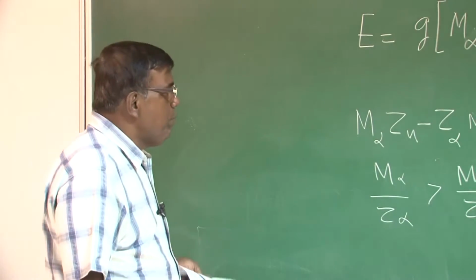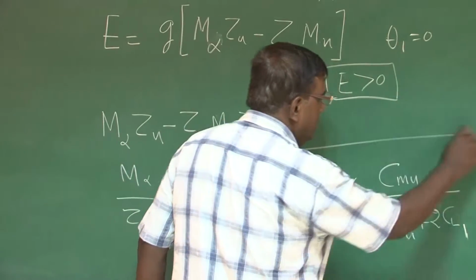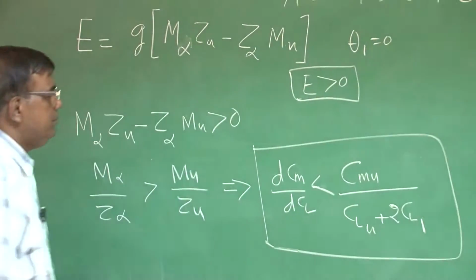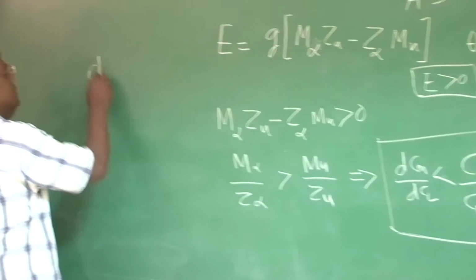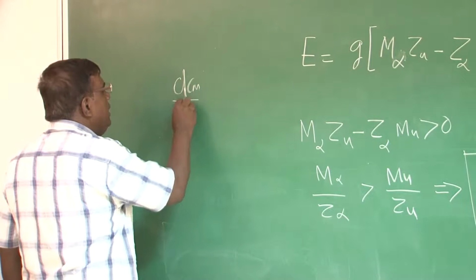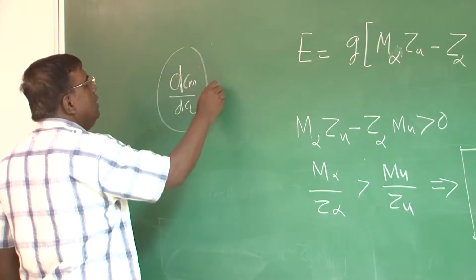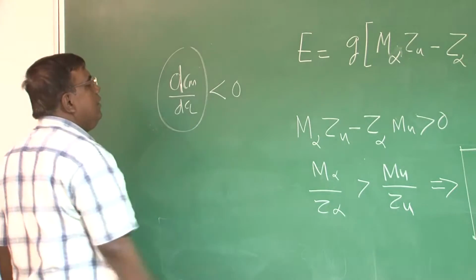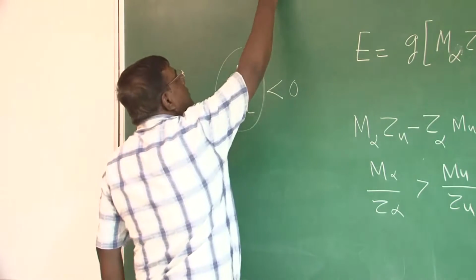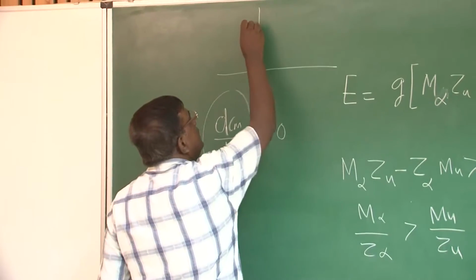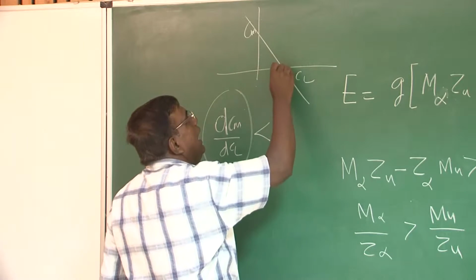Now, let us see, once this is done, what is the meaning of this? What is dCm by dCl? Remember, the moment somebody utters dCm by dCl, we say dCm by dCl less than 0 is the condition for static stability, right? If you see here, this is Cm, the pitching moment coefficient, this is Cl, and this is the line at trim.